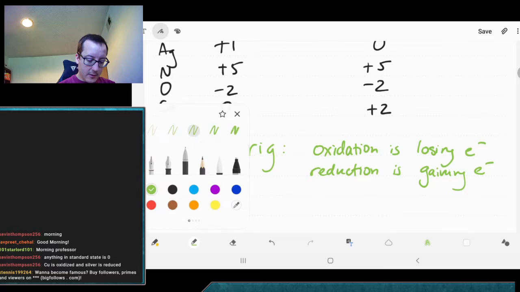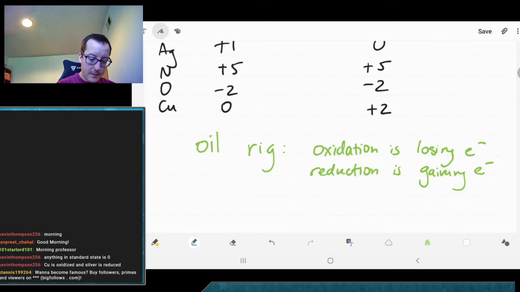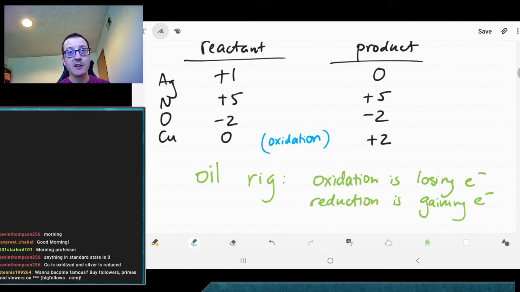And we can see here that this process of the copper going from 0 to +2, that's losing electrons, right? So this copper is losing electrons, becoming more positive. So that's going to be the process of oxidation. And the silver is going to have the opposite, where it will be undergoing the process of reduction.